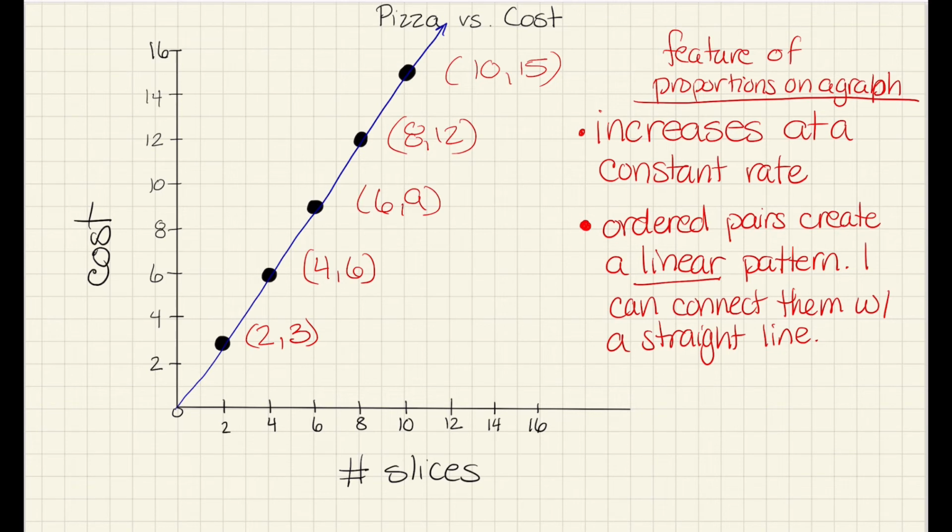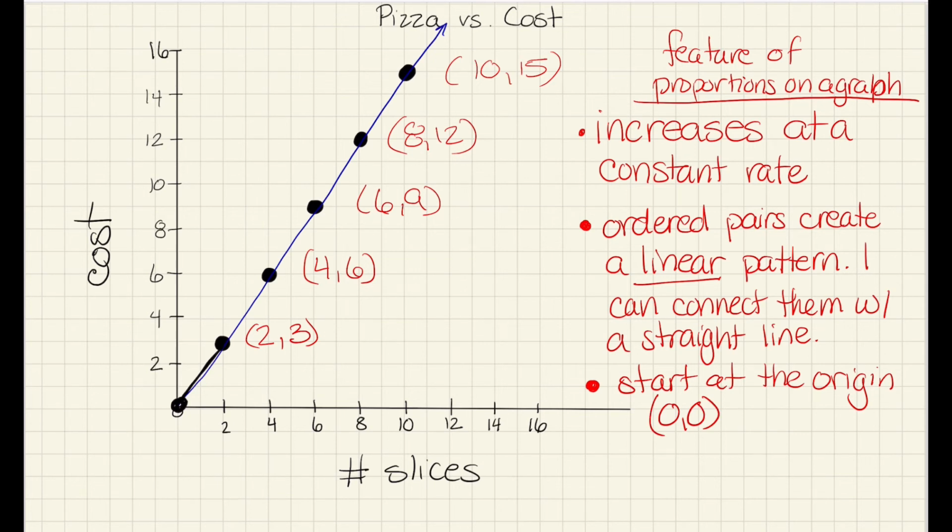Now, the other feature for us to notice happens right here in this little corner. Proportions will start at that 0, 0 mark. So I'm going to put that in: start at the origin, 0, 0.